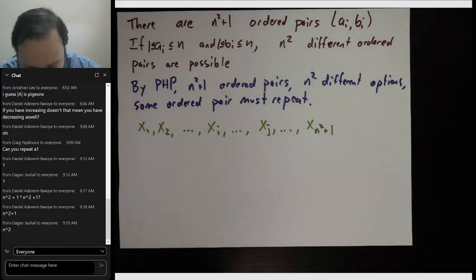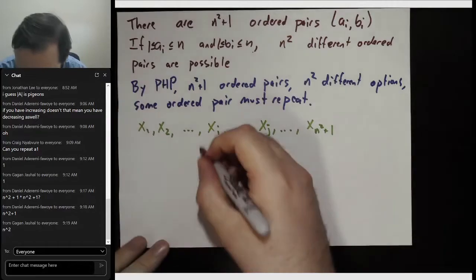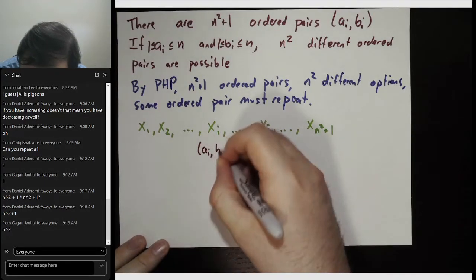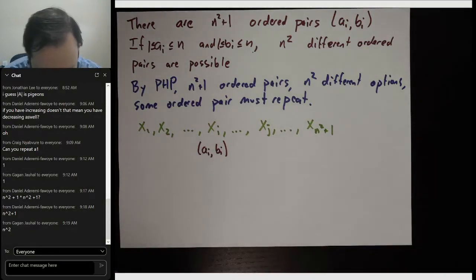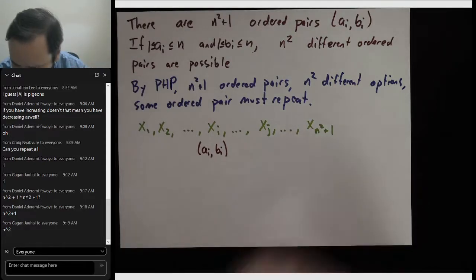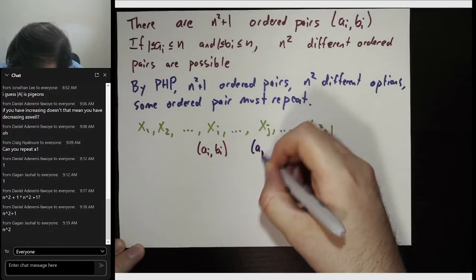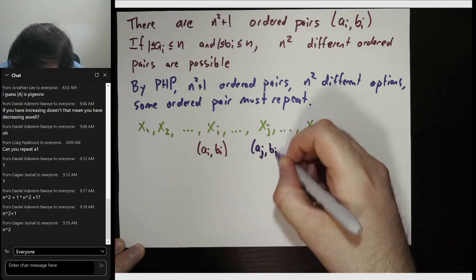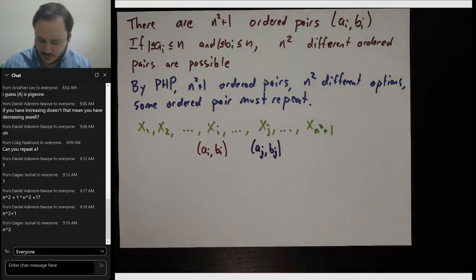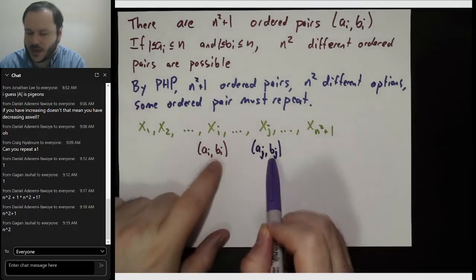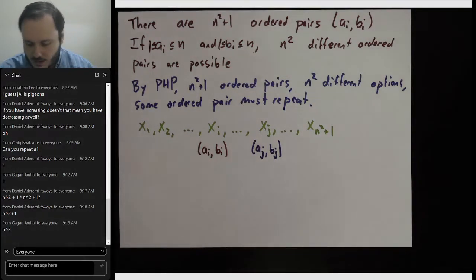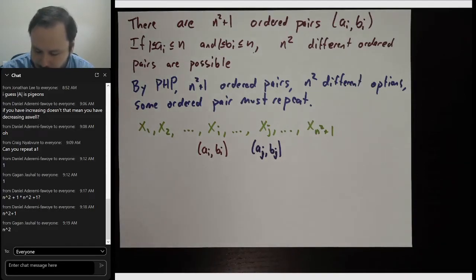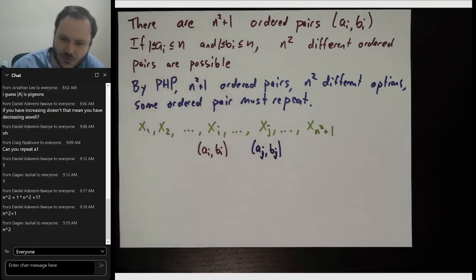And these two values, a sub i comma b sub i, and a sub j comma b sub j, are the same. The a's line up and the b's line up. And here's the problem. That can't be true.